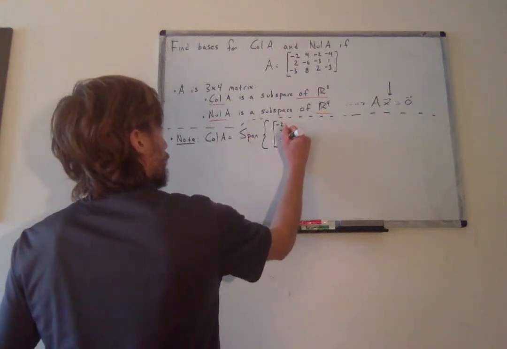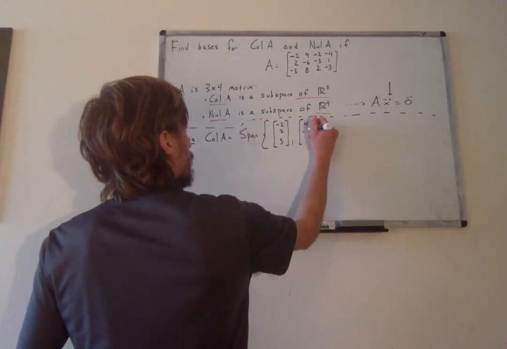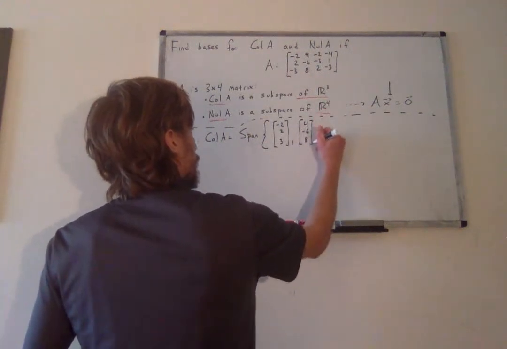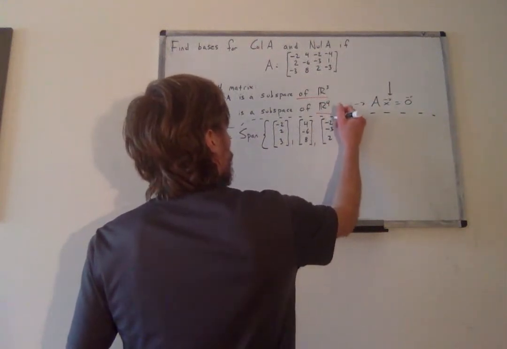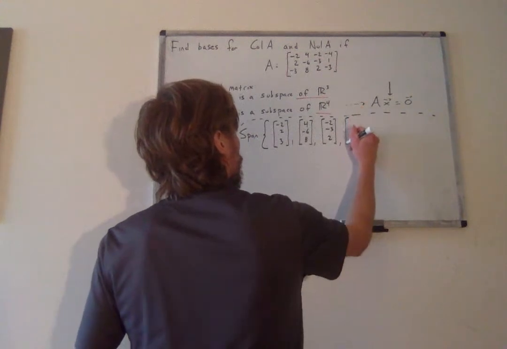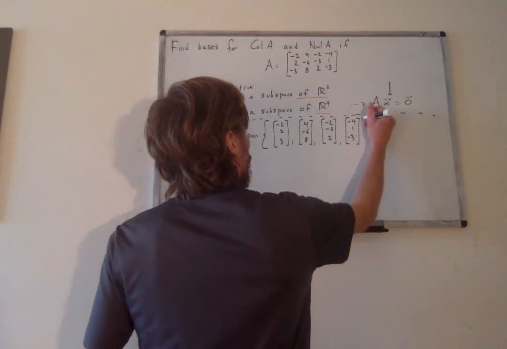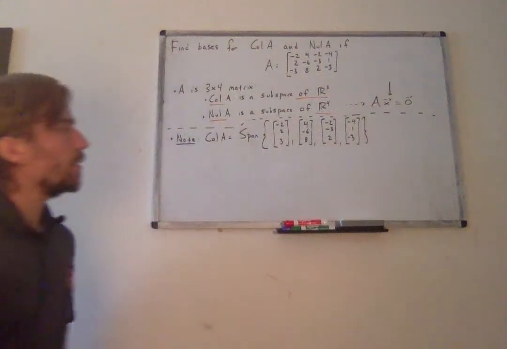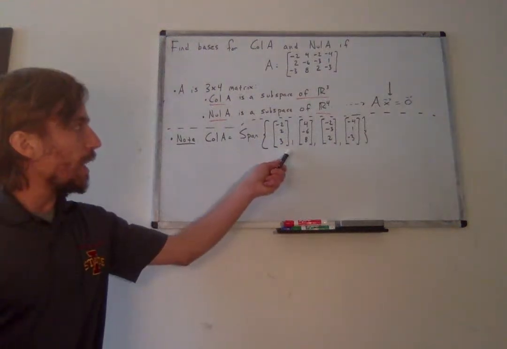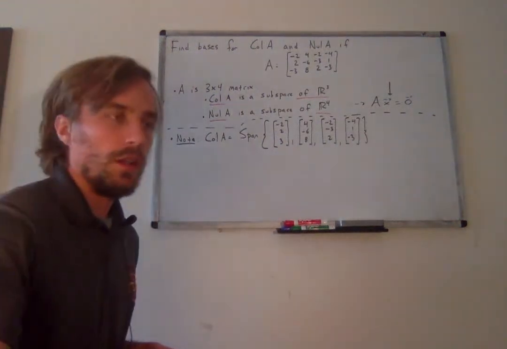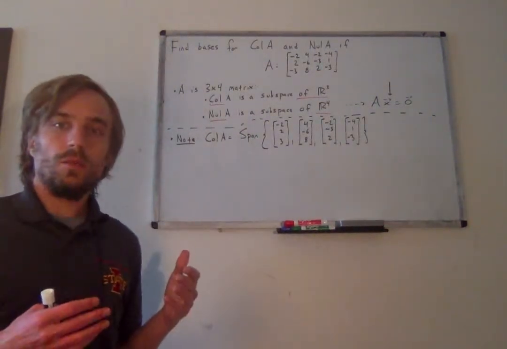Notice here each vector I'm adding is just a different column of A. All right, so we know how to find a basis for this set, assuming the set isn't already a basis, which we actually know it's not, right?